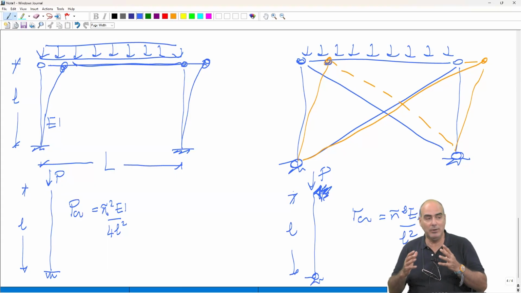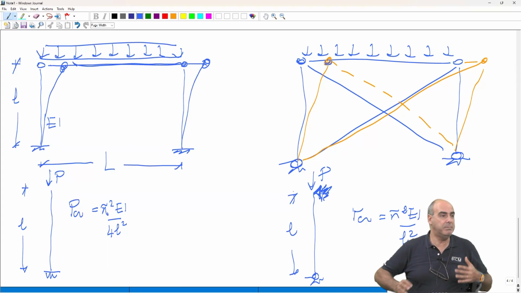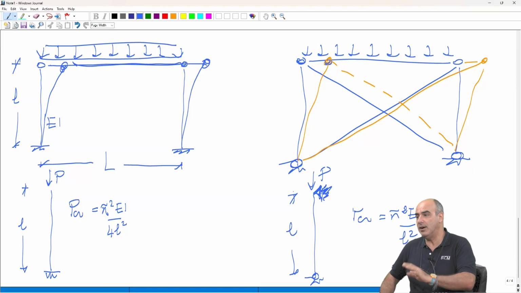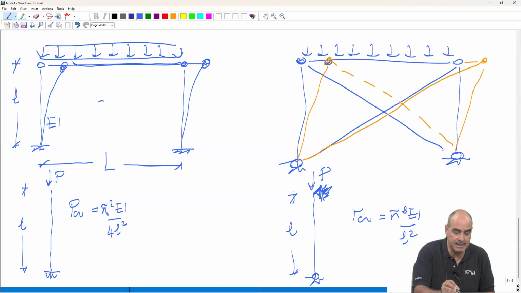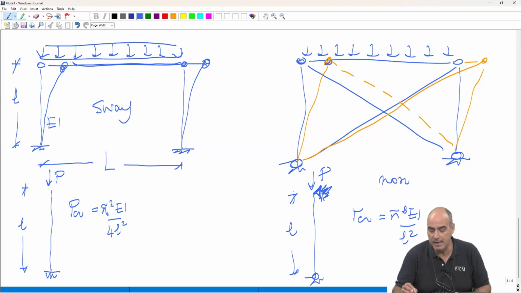You can hypothesize, if we keep the assumption as we usually do that the axial stiffness of elements is infinite, you can say, okay, axial stiffness of bracing elements means fixed top edge. Means that this is what we call a sway frame, and this is what we call a non-sway frame.